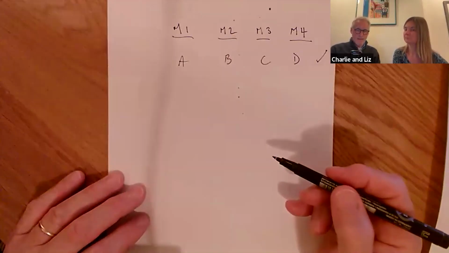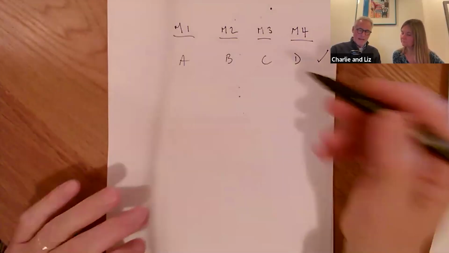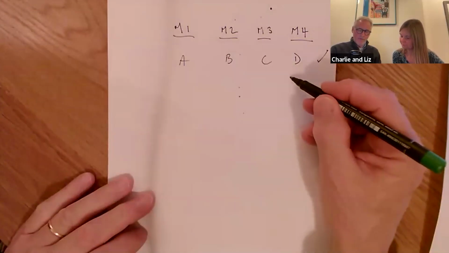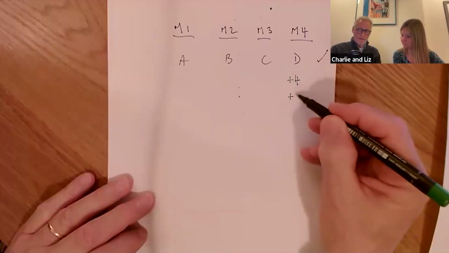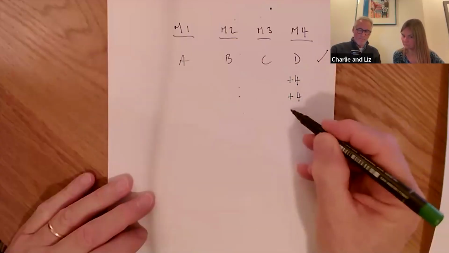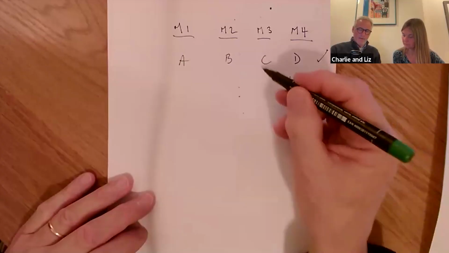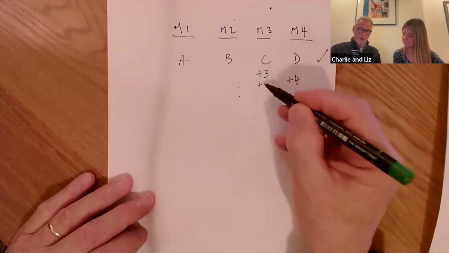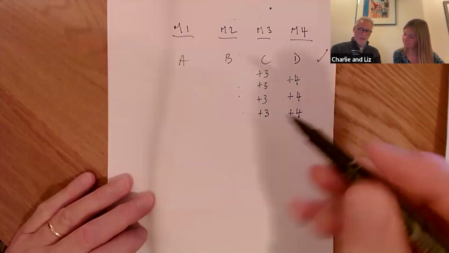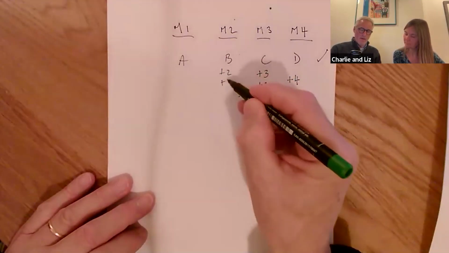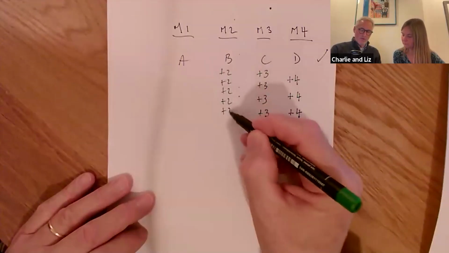And then we keep adding 4s here. We're going to get more multiples of 4. If we add 3s here, we're going to keep getting more multiples of 3. If we add 2s here, we're going to keep getting multiples of 2.